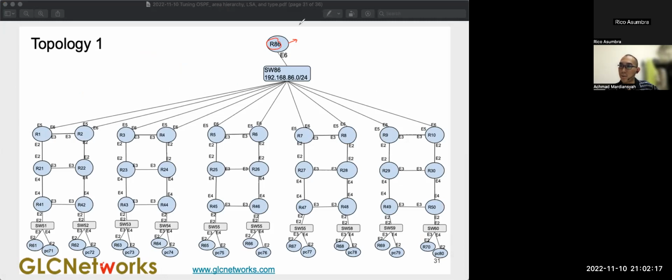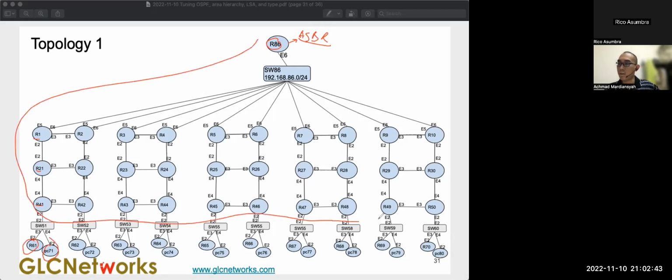So this is called ASBR. And then here all are the routers, and here's the PC. All of them here in one area is called area 0.